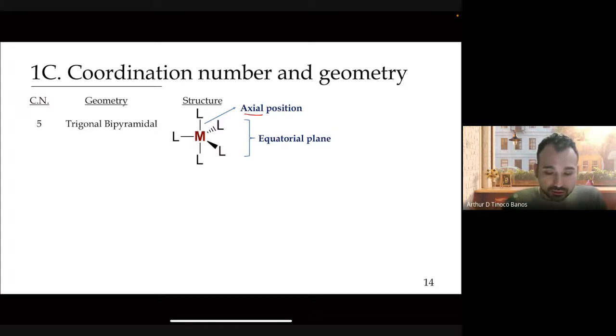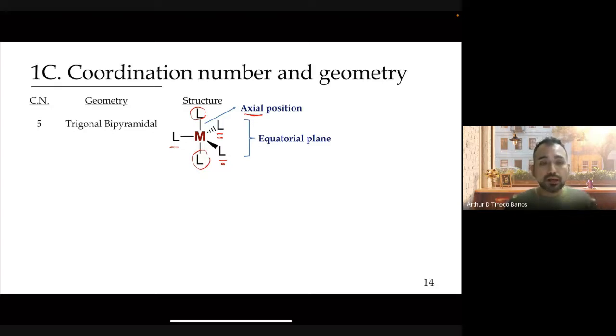So those two ligands are on the plane of your screen, and the ligand-metal-ligand bond angle is 180 degrees, so a straight line down the plane of your screen. But then you have the other three ligands that are on a plane, okay? And then two of these bonding interactions are perpendicular to your screen. So they are on a plane perpendicular to your screen, okay?